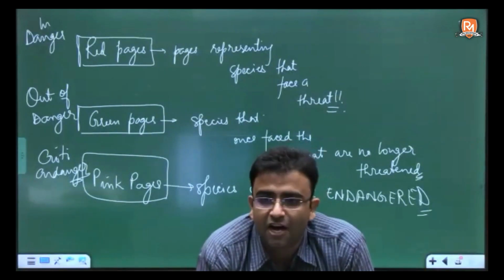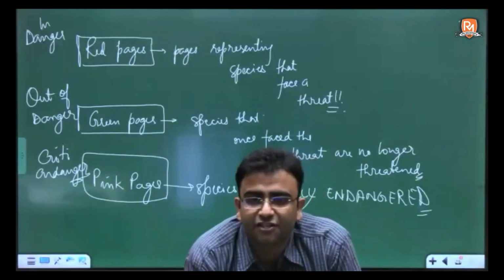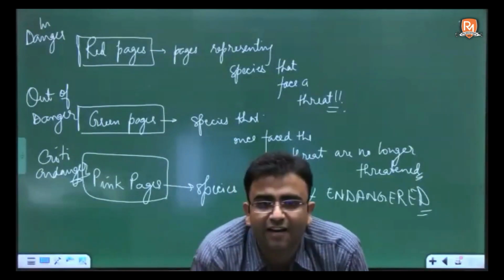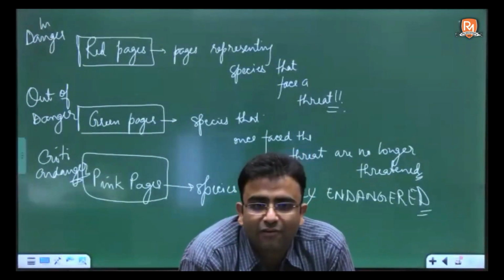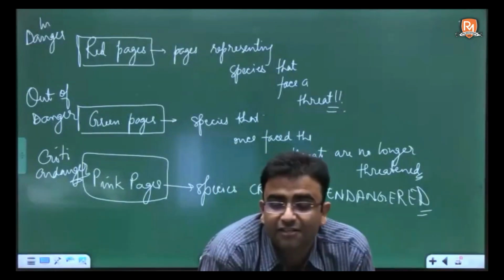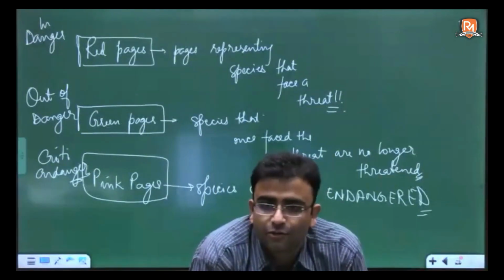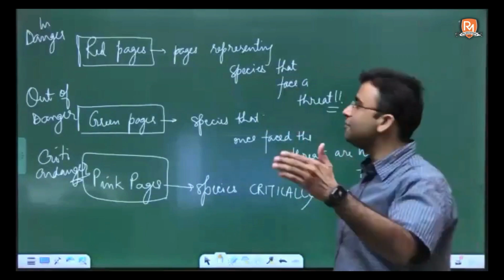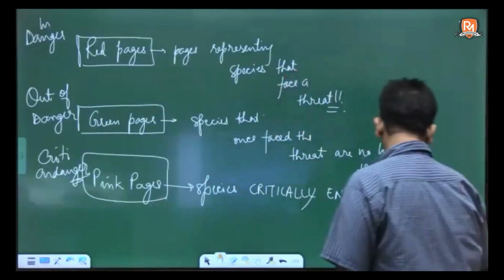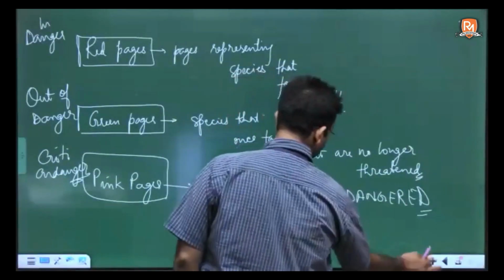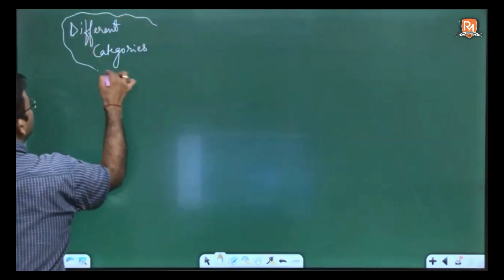Tiger is endangered. So where will tiger come? Red. Tiger is not in pink pages. Today tiger is endangered, not critically endangered. So let's look at the different categories of Red Data Book.